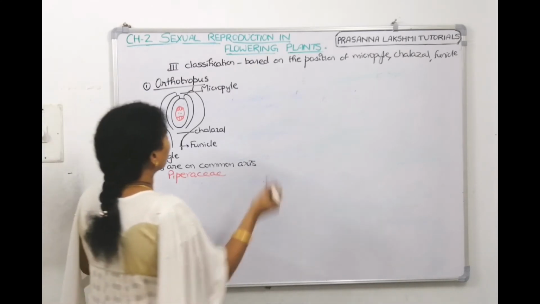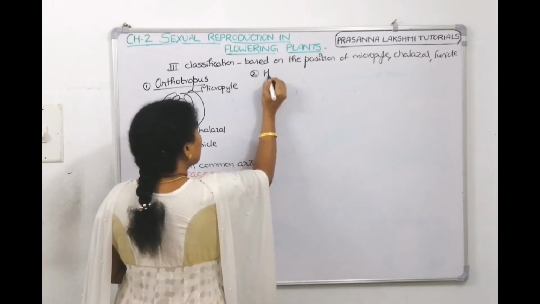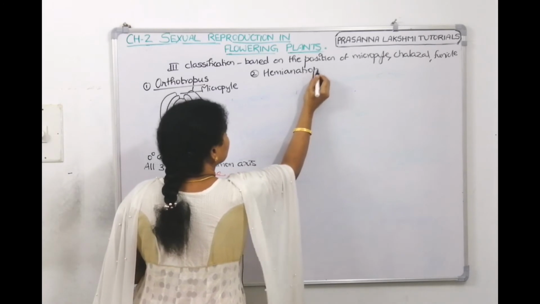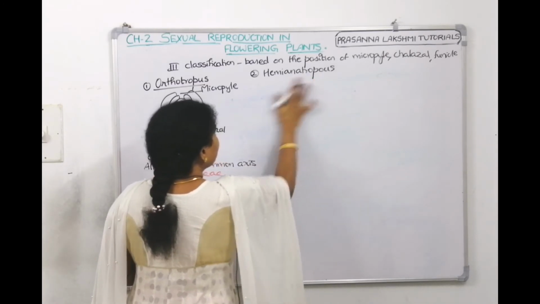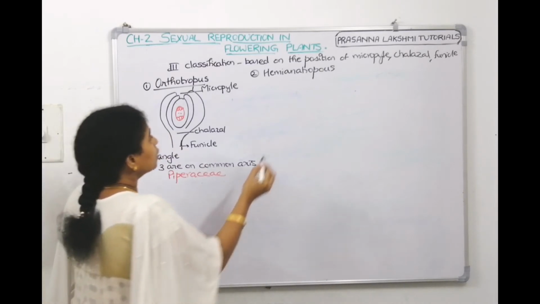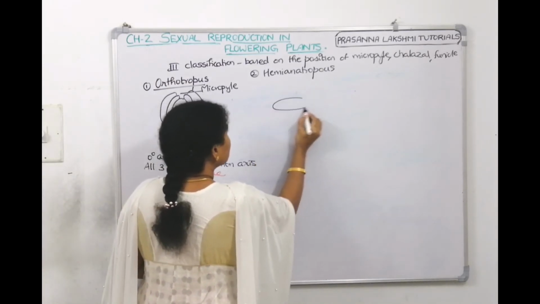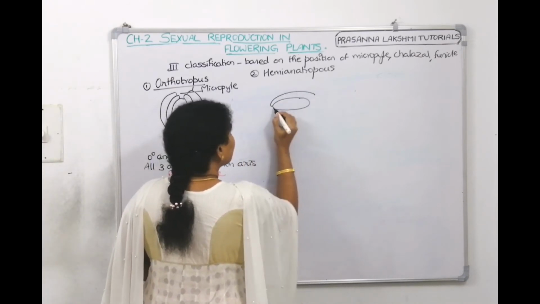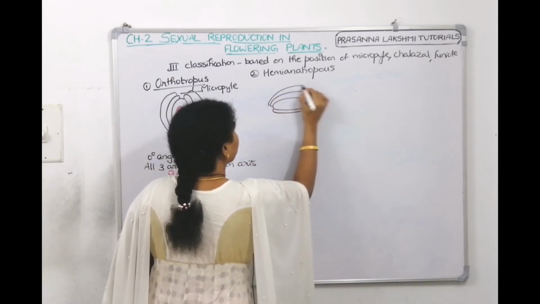Now, let us go with the second type of ovule. The second type of ovule is Hemianatropous. In Hemianatropous, rotate the Orthotropous ovule to 90 degrees. So when you rotate it to 90 degrees, the nucellus, which is straight, becomes like this. And then the integuments go this way.